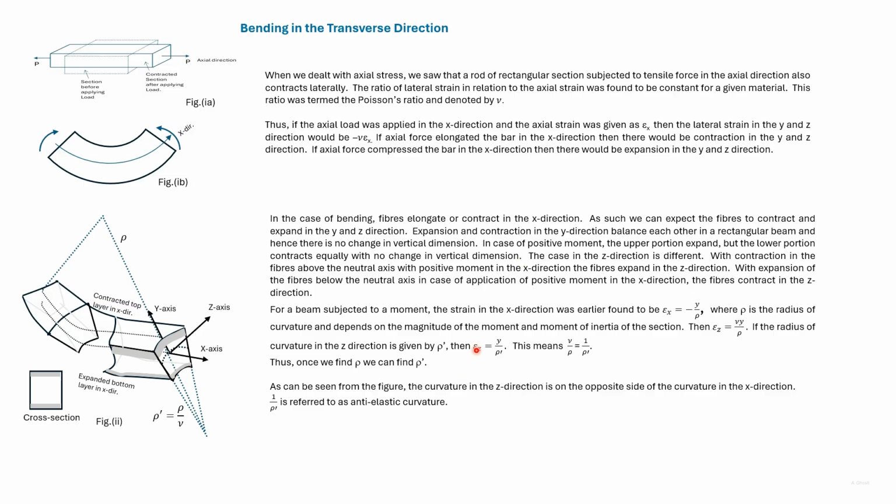So epsilon z then would be equal to y divided by rho dash. Here the sign is positive since epsilon z has the opposite sign. Now relating these two expressions for epsilon z, we get nu divided by rho equal to 1 divided by rho dash. So if you have rho, you can find rho dash. 1 by rho is the curvature, and 1 by rho dash is known as the anti-elastic curvature.